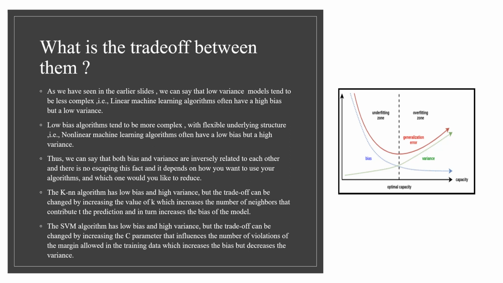And in SVM also, SVM has low bias and high variance, but it can be changed by increasing the C parameter, which influences the number of violations of the margin that is allowed in the training data, which increases the bias but decreases the variance. So yeah, that is what the trade-off is between them.